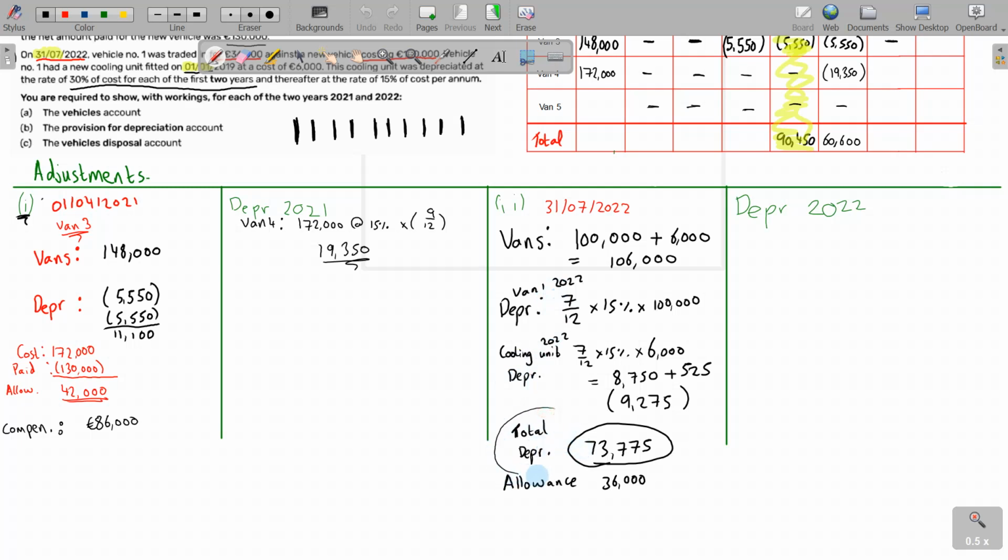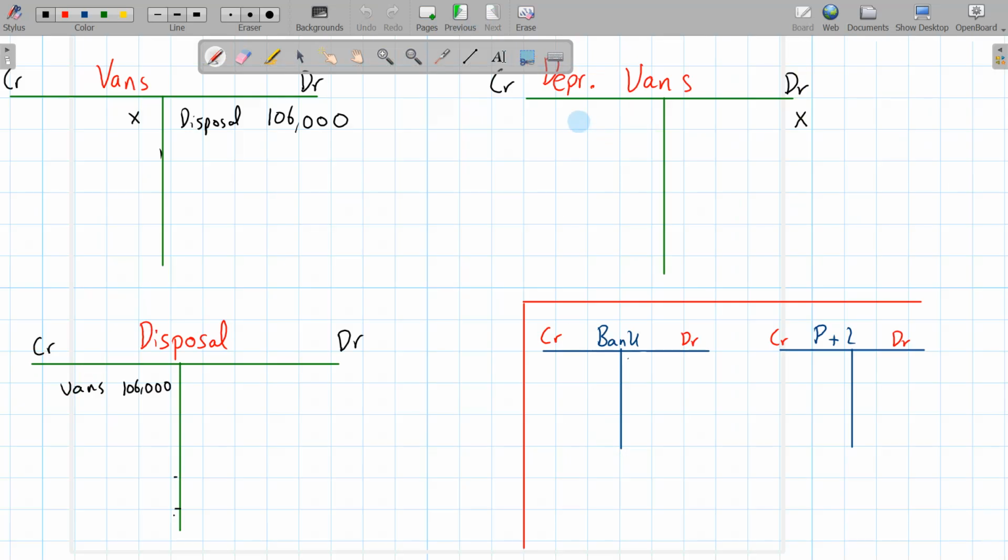So the total depreciation for van 1 plus cooling unit is 73,750. So you have to move everything that's associated with what we're trading in, again going to disposal. 73,775 disposal.